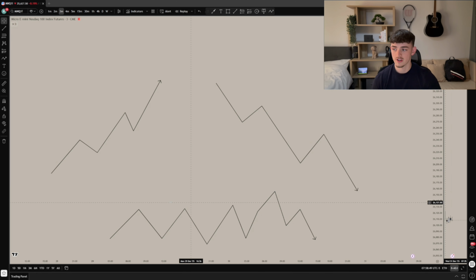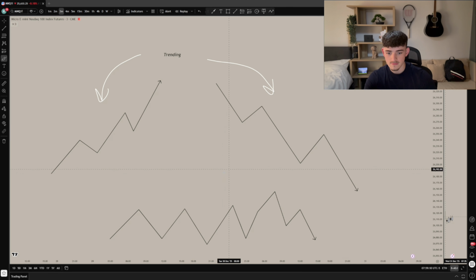So this will be your consolidating market, and then you have a bullish market and a bearish market. So these two are seen as trending. Okay, so these are trending markets, which is what you want to trade. This is good. Okay, and then this is your consolidation.